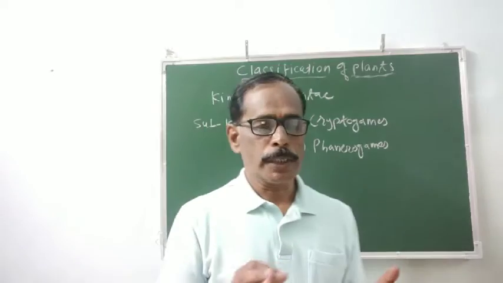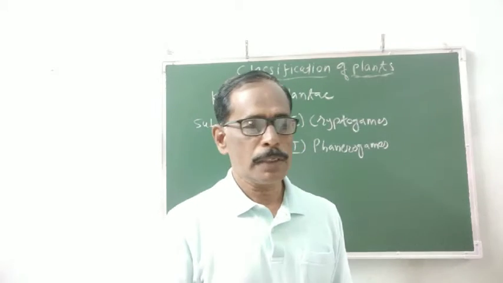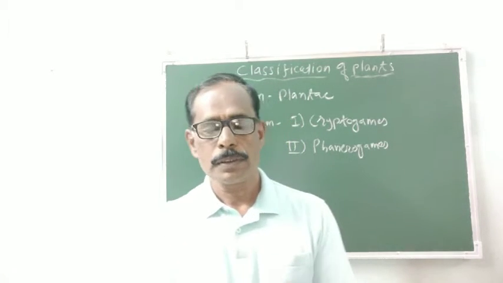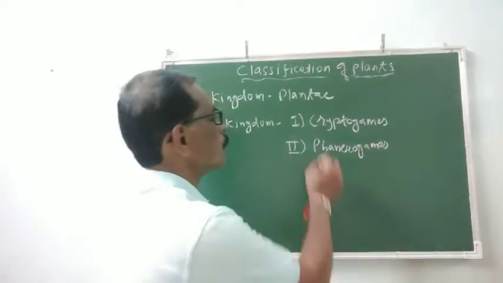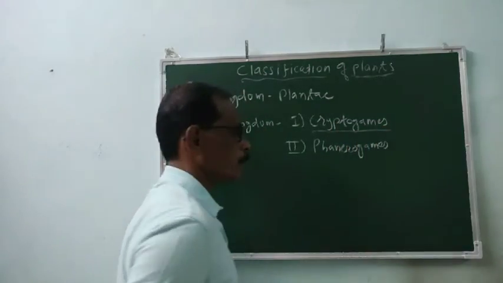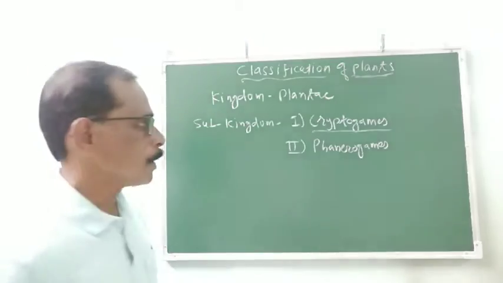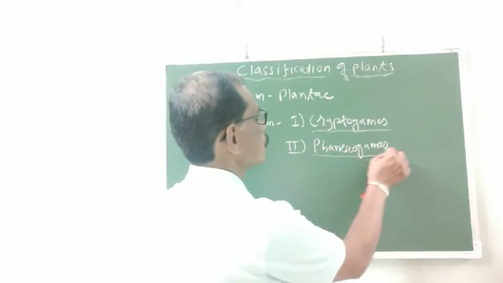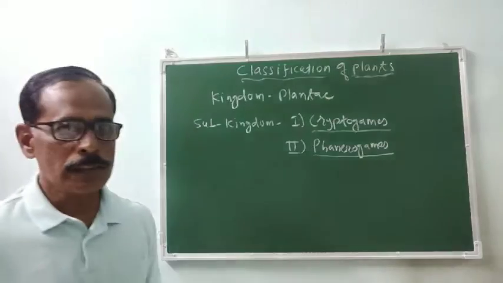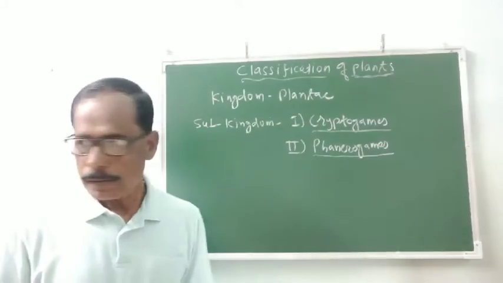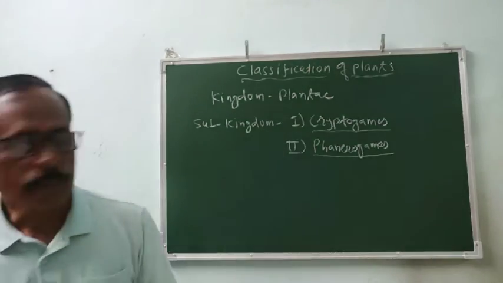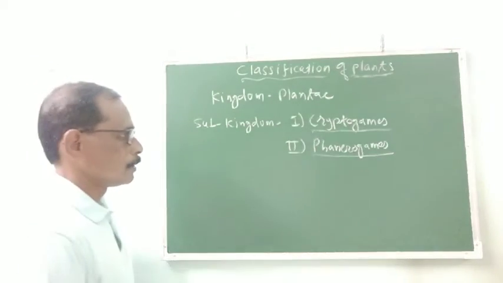That classification is based on whether the plants have fruits, seeds and flowers. Cryptogamous plants do not bear fruits and flowers, but Phanerogams are plants which have flowers and fruits.